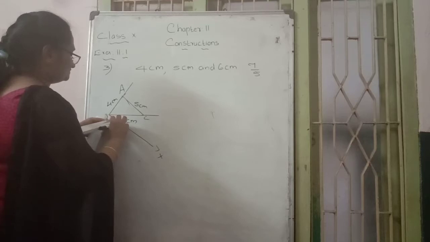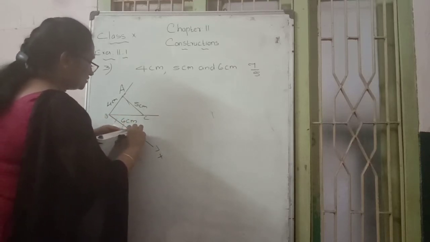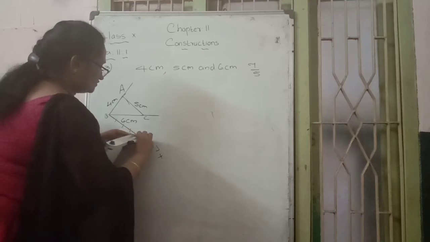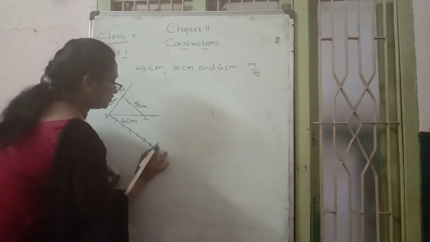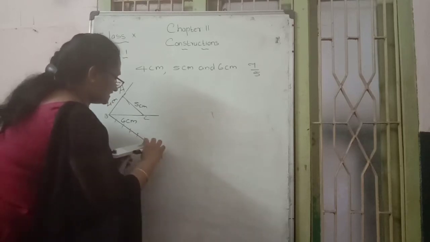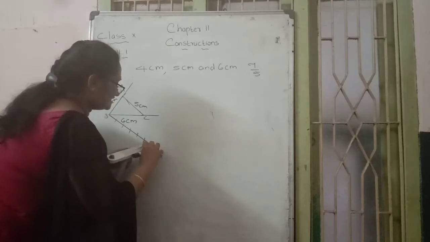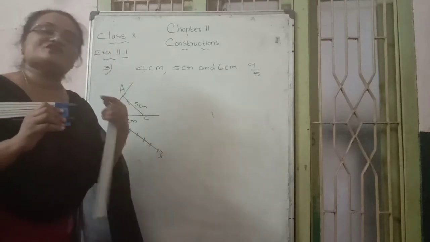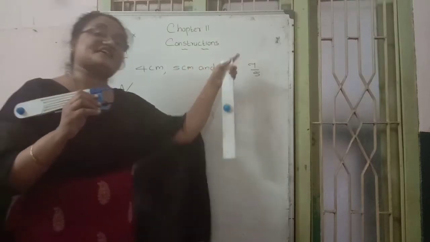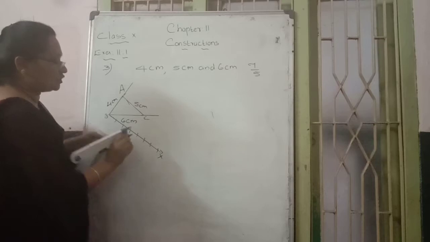First 1, 2, 3, 4, 5, 6. Then one more point, extending this line: 6, 7. In this way we mark 7 points. On the basis of the scale factor, we mark the bigger number. Then we give a name to each point.